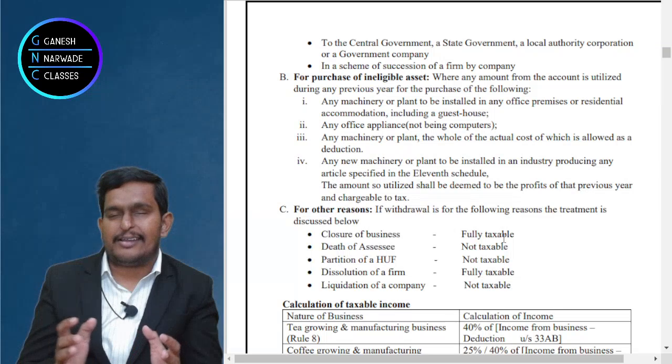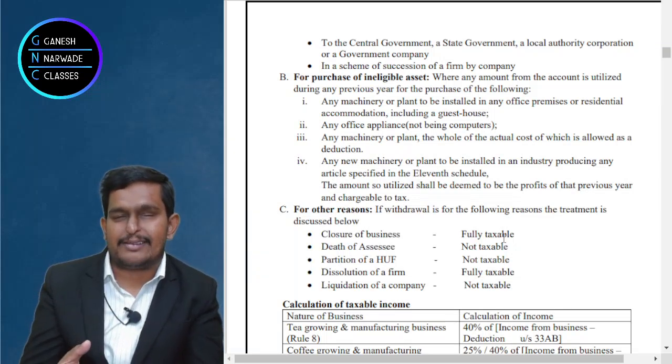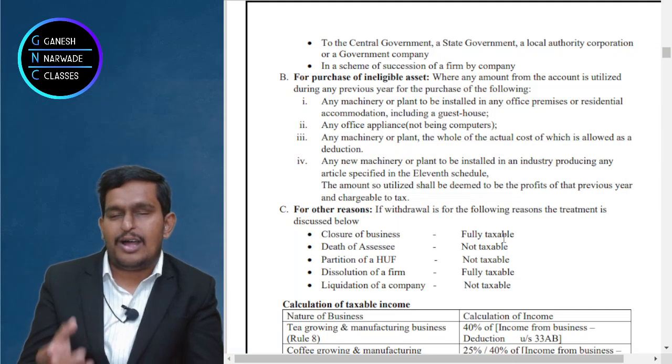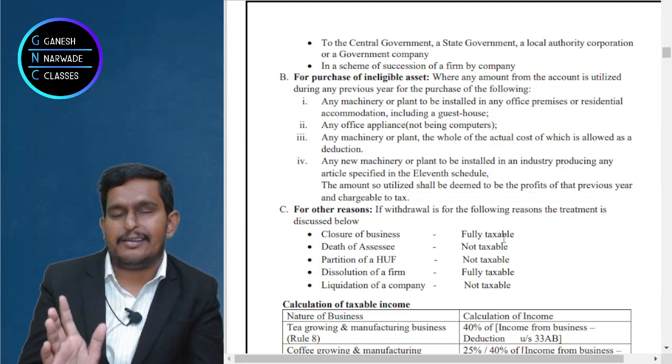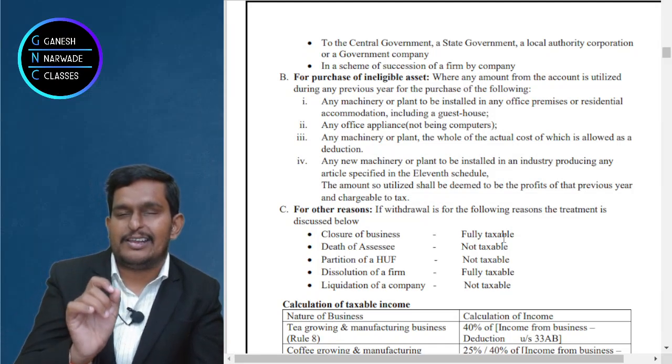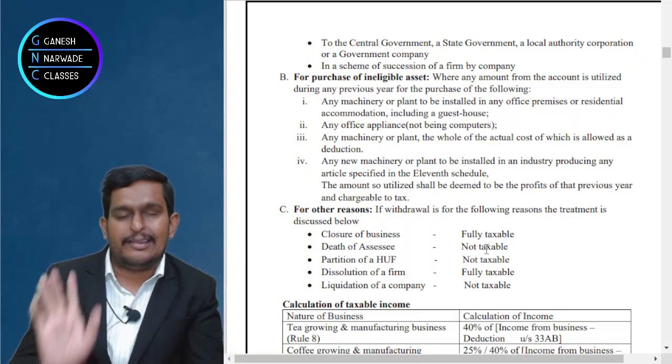Maybe an asset under 11th schedule like plastic manufacturing plant, or certain asset on which 100% deduction is there, like for scientific research asset. So these types of assets are all ineligible.